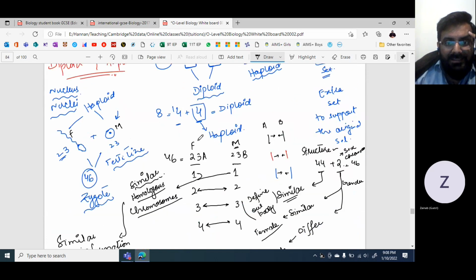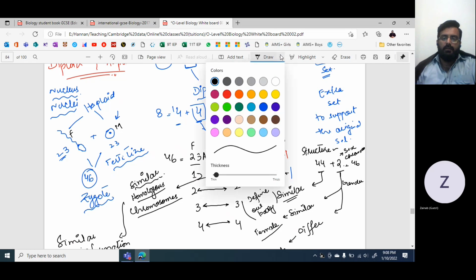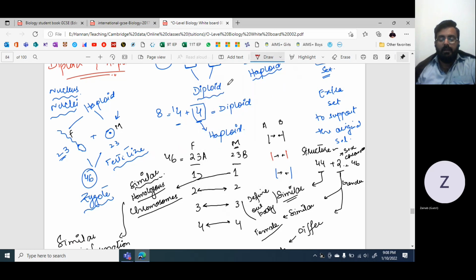So first of all, we did discuss the haploid and diploid concept, and we came to know how a cell becomes a diploid and how a cell becomes a haploid. A diploid cell contains two sets of similar chromosomes in its nucleus, and haploid is a single set of chromosomes.